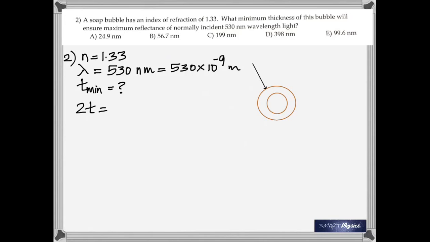The condition here is 2t is equal to, before I write that, look at this diagram carefully. And so now you see the rays getting reflected. On the top, the first one is reflected as well as refracted, and the refracted part is again reflected and then comes out.